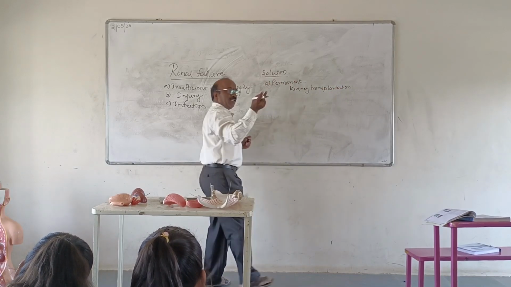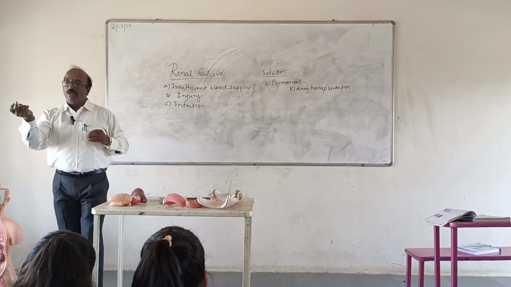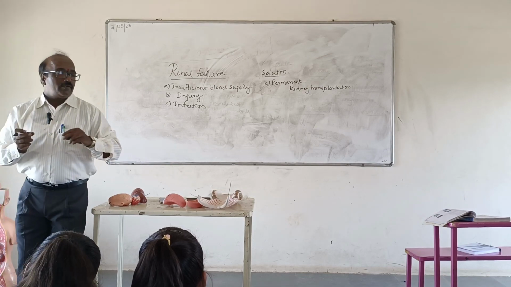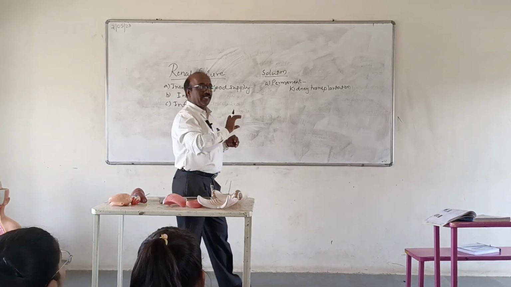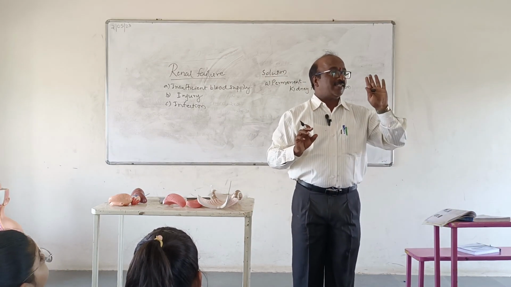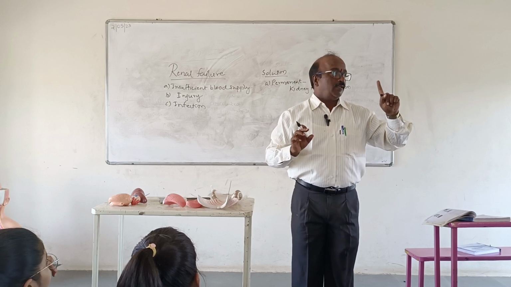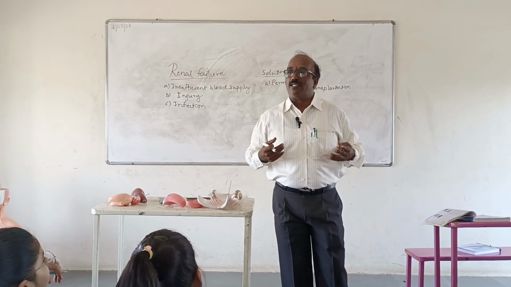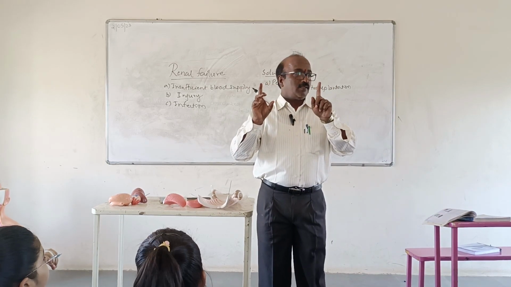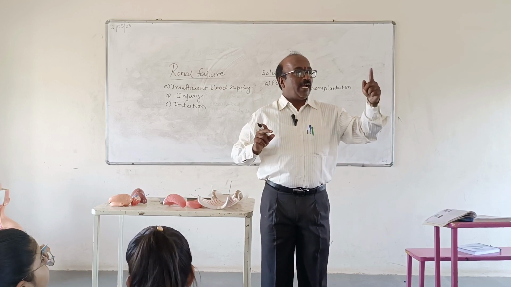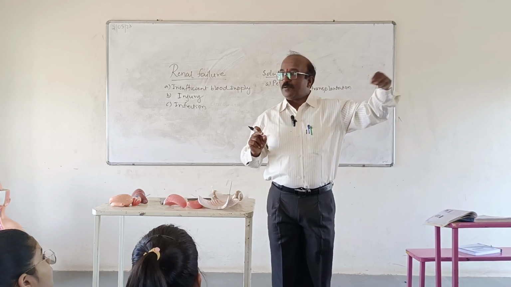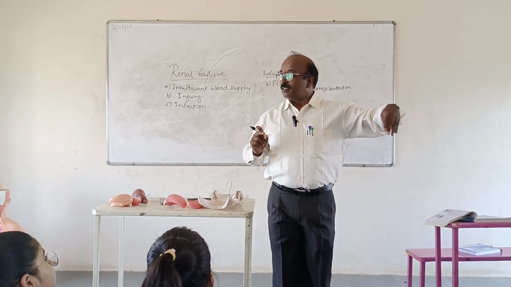That means a kidney from a donor is implanted, surgically removed from the donor and implanted. And remember, we can survive with one kidney. We have two kidneys because we are bilaterally symmetrical, but one kidney is enough. So if a kidney fails, you can donate one kidney, and the patient can survive and the lifespan can be increased.